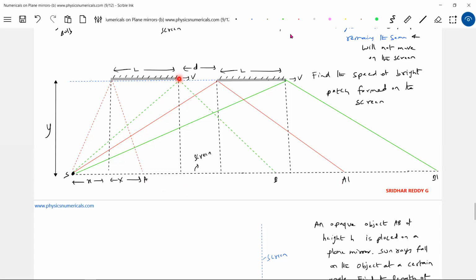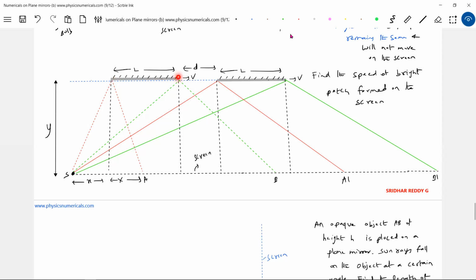So what is our interest? What is A dash? When this end of the mirror undergoes a displacement D, how much will this patch move?